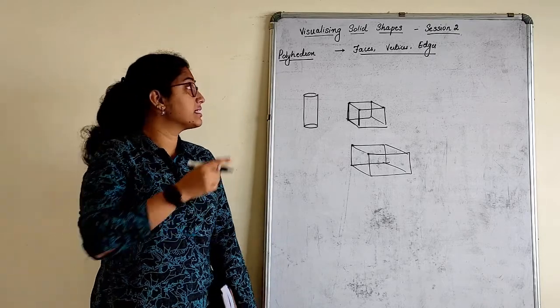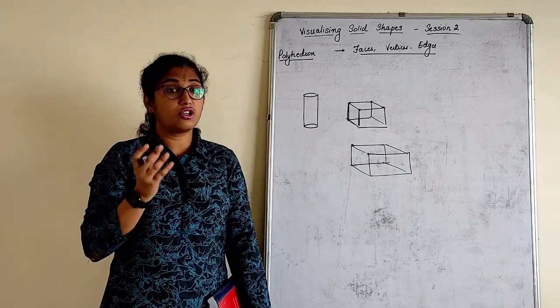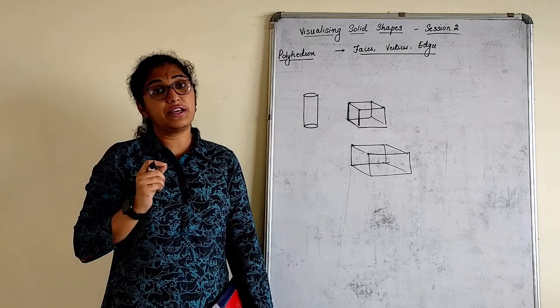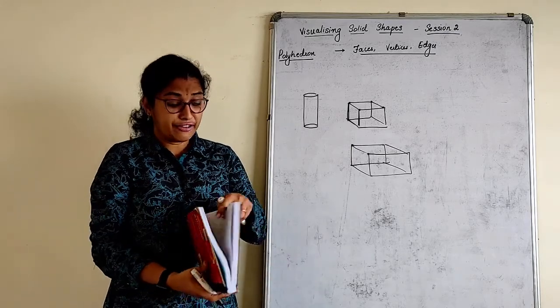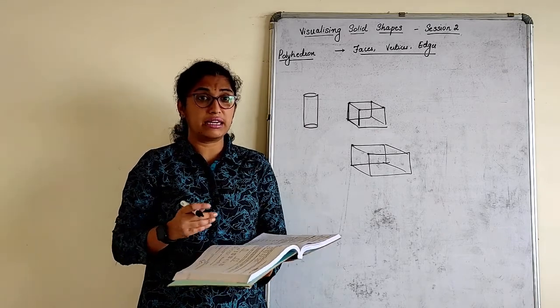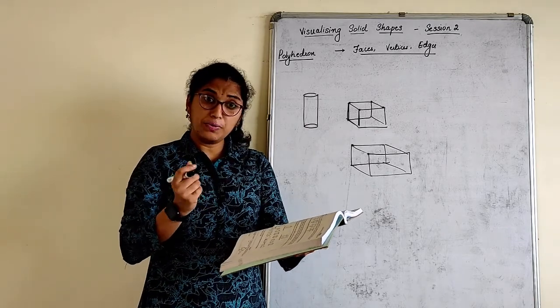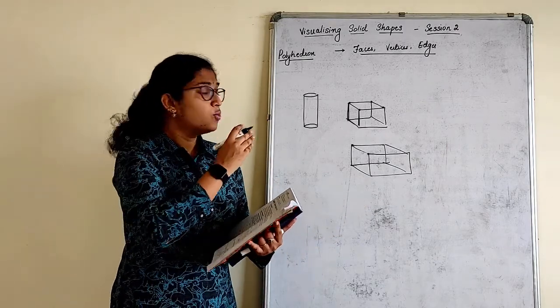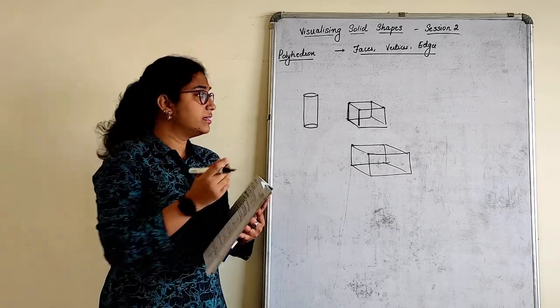When we discuss it, a polyhedron is a solid bounded by polygonal faces. What do polygonal faces mean? For example, a tetrahedron; these are different types of polyhedron. A cube is also a polyhedron. Why? Because what are the faces of the cube?